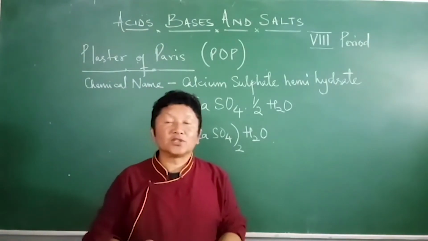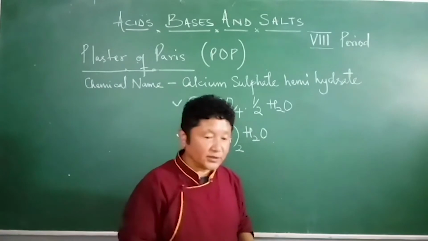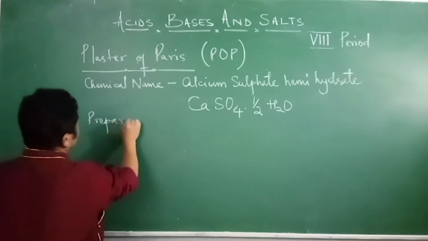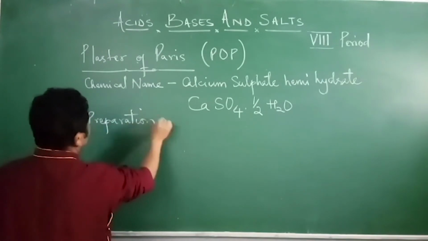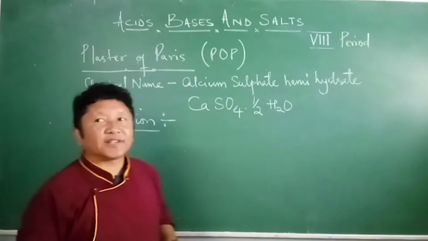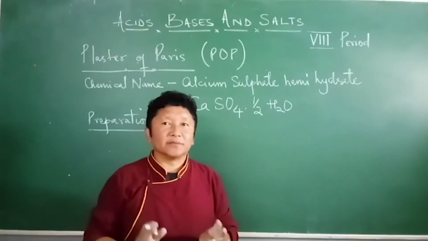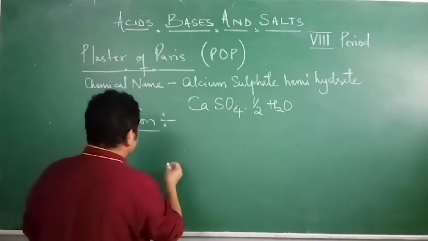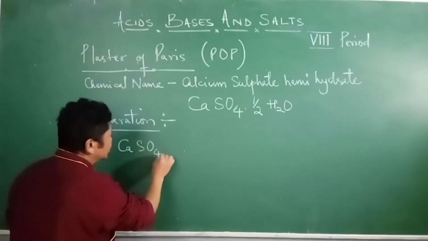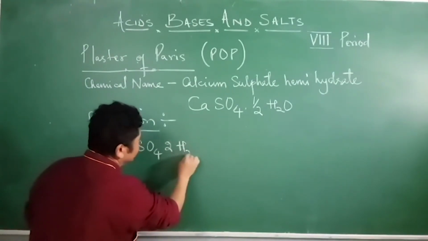Now, preparation of this calcium sulfate hemihydrate. Calcium sulfate hemihydrate is prepared from gypsum, which is calcium sulfate dihydrate.